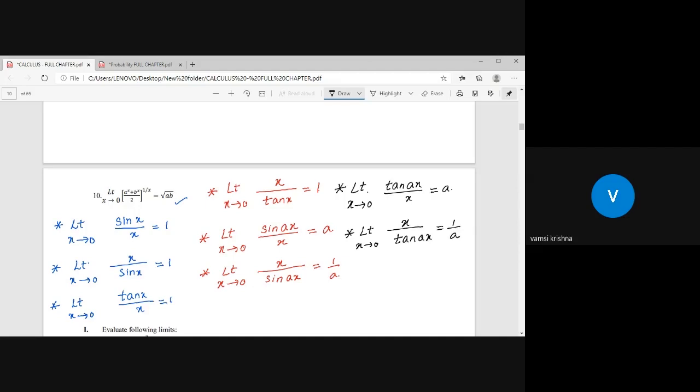And another important formula: limit x tends to 0, e power ax minus 1 by x is equal to a.